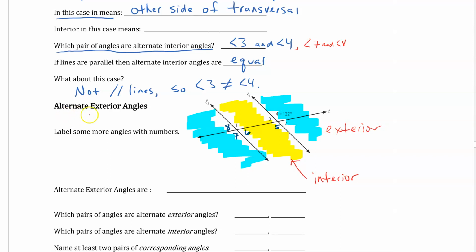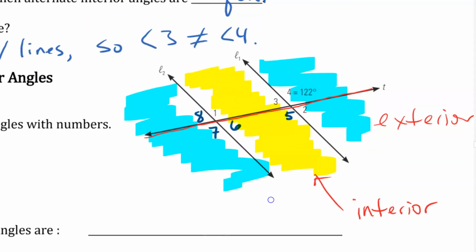So alternate exterior angles are both in the blue zone, but still they alternate, in which case they're on alternate sides of this transversal. So let's pick some alternate exterior angles. If I pick angle 2, it's definitely an exterior angle, and the alternate exterior pair with it is angle 8. So angle 2 and angle 8.